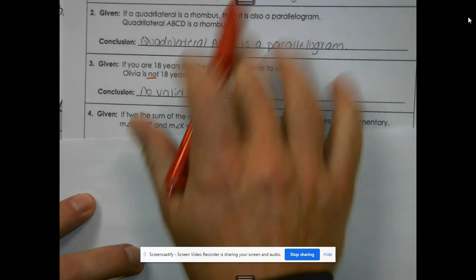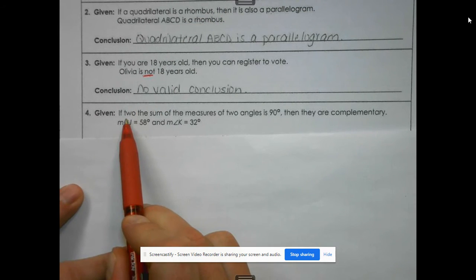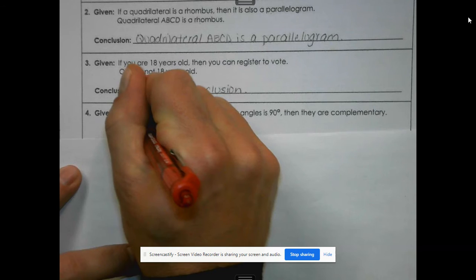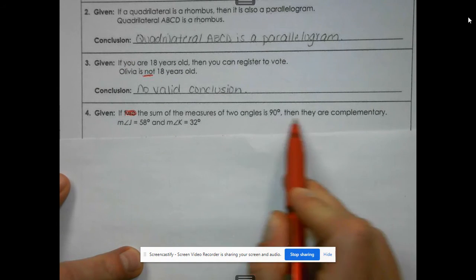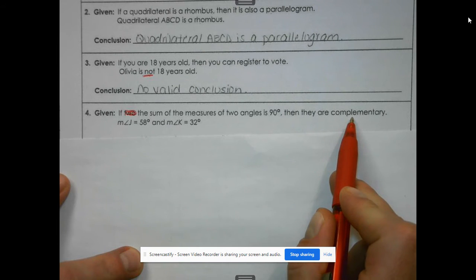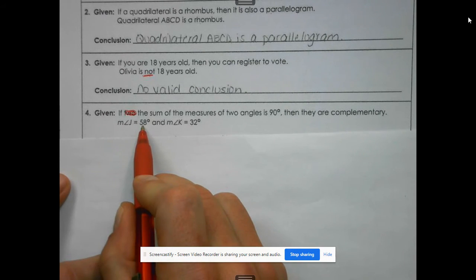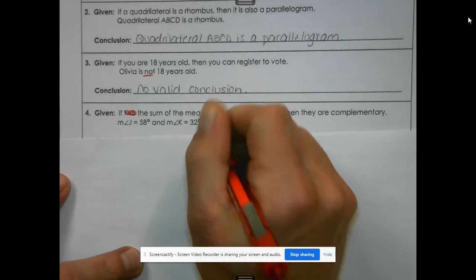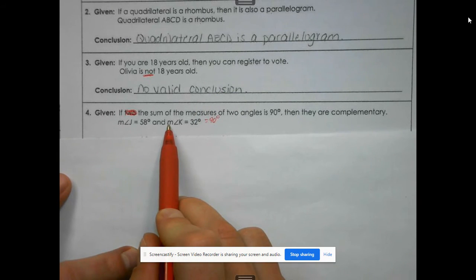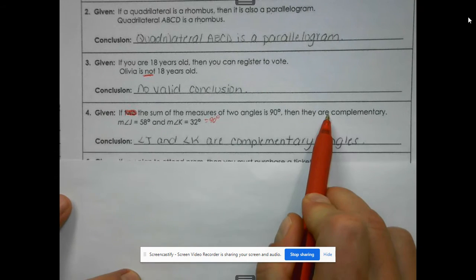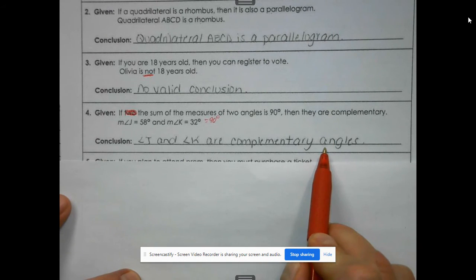Number 4. If the sum of the measures of two angles is 90, then they're complementary, which means they add up to 90 degrees, right? J is 58, K is 32, which add up to 90. Well, since my hypothesis is true, then I can say J and K are complementary angles.